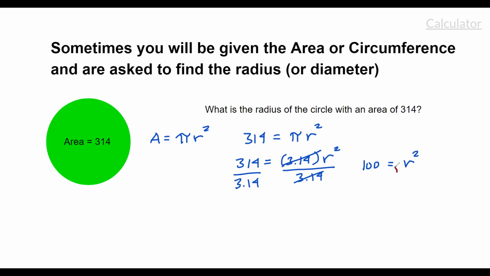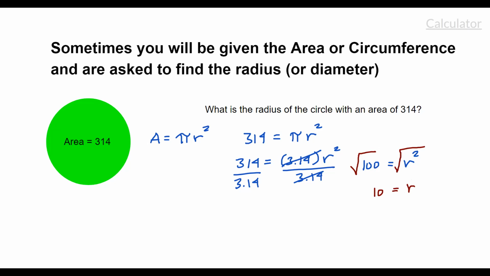And the way we can find that is to take the square root of both sides. That gives us r on the right-hand side, and the square root of 100 is 10. So that's the answer to this question, and you can see it's a few steps more difficult than just finding the area when given the radius.